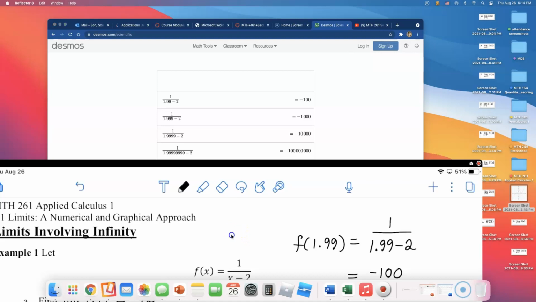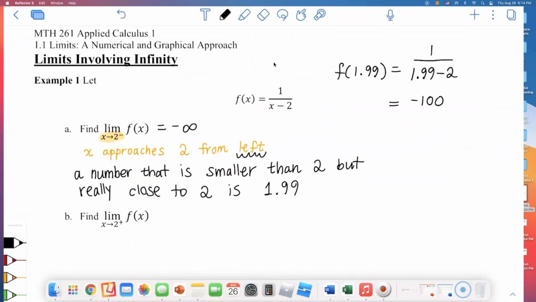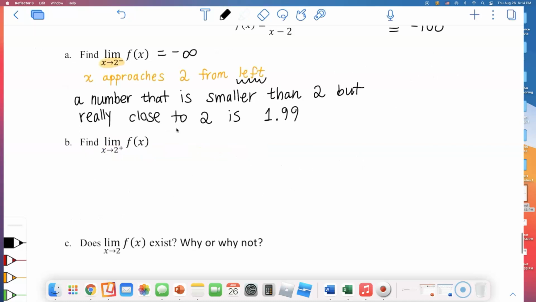So graphically and numerically, we confirm that as x approaches 2 from the left, the limit is negative infinity. How about from the right? Let's try that. So how about as x approaches 2 from the right side of 2?